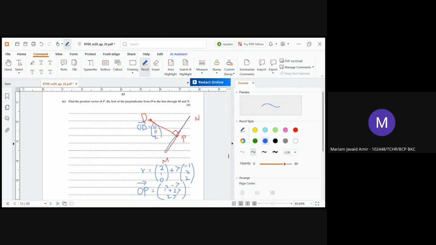Next thing we do is find this vector DP. DP is going to be OP minus OD. We've already written both these position vectors. Let's subtract them. 2 minus lambda, 1 plus 2 lambda, 2 lambda, minus 0, 0, 2.